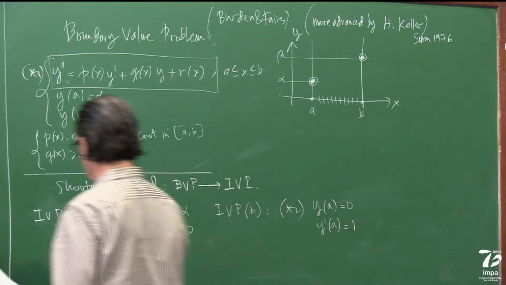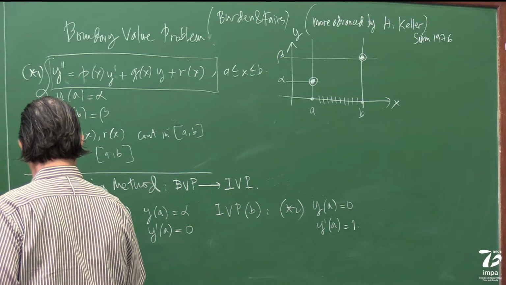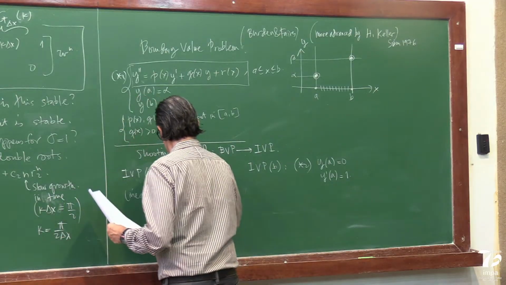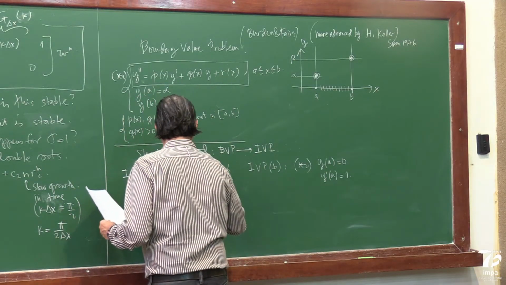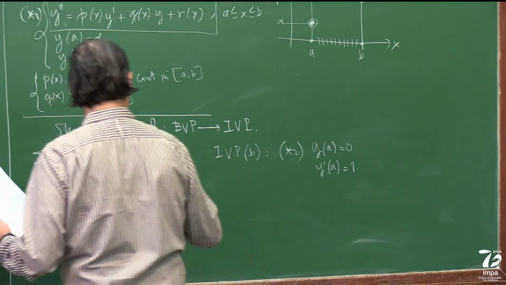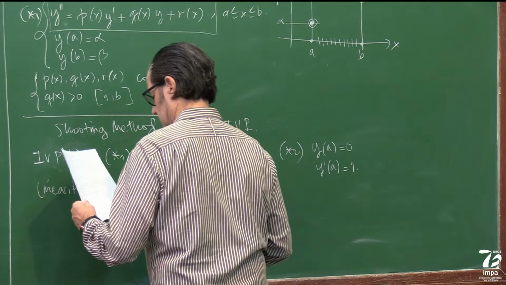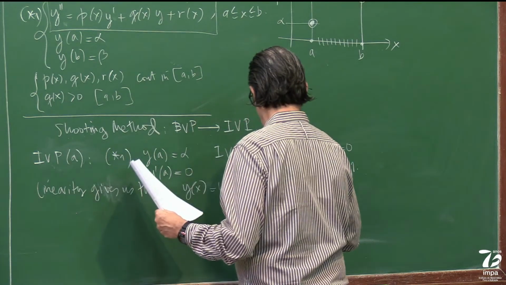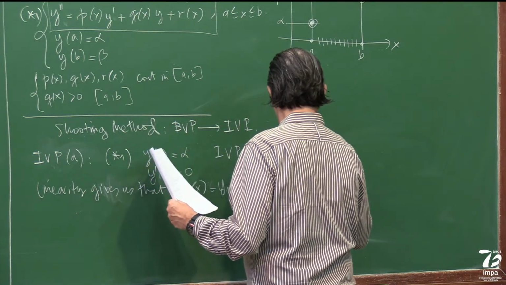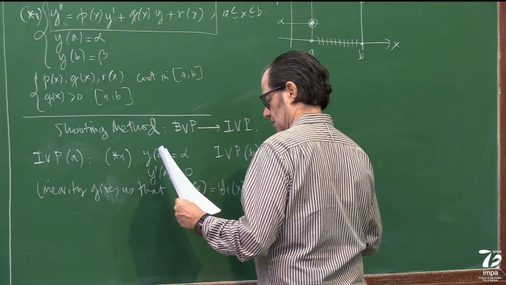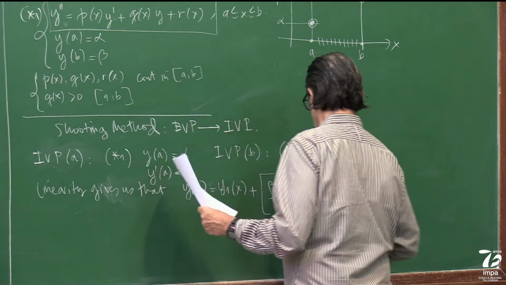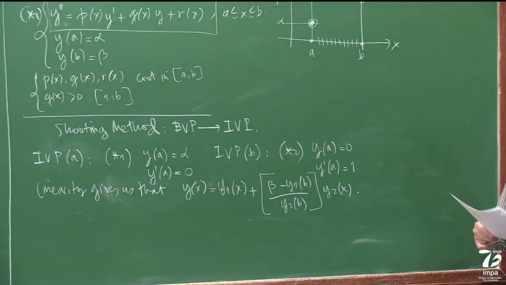So due to linearity, that gives us that y of x is going to be equal to y1 of x plus beta minus y1 of b divided by y2 of b, times y2 of x. Okay? So you can check this.